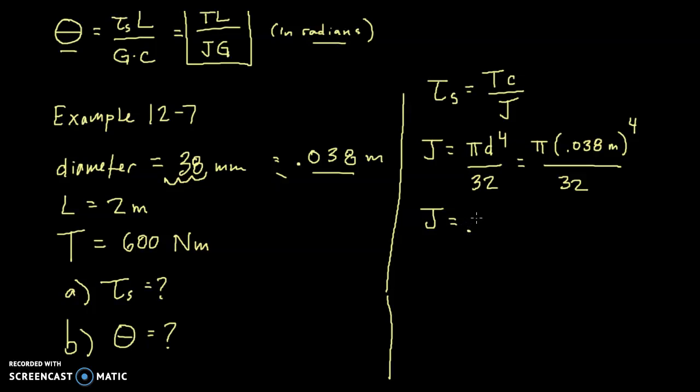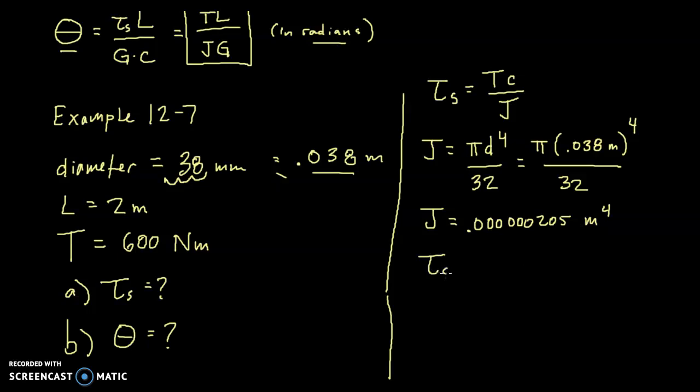Let's count them up. It's 6 zeros, 1, 2, 3, 4, 5, 6, followed by a 205. And those units are in meters to the fourth. So pretty small polar moment of inertia.